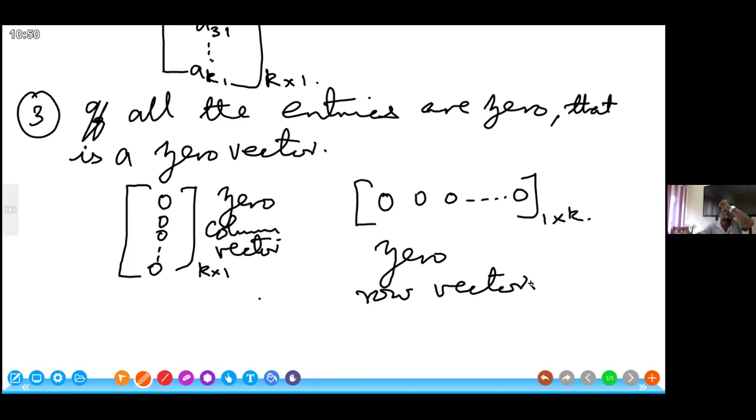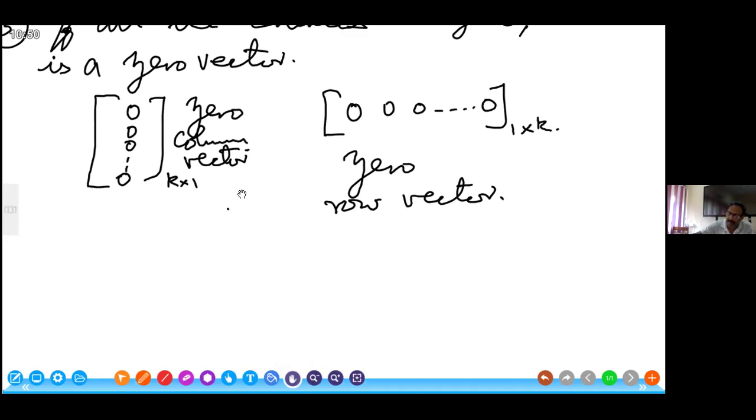So later we will be using all this basic information: the 0 column vector and the 0 row vector.